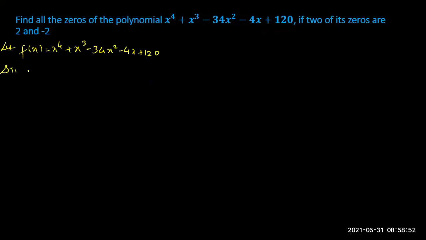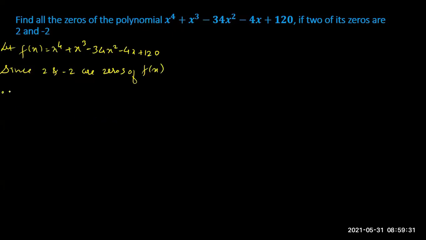Since 2 and minus 2 are zeros of f of x, the factors are x minus 2 and x plus 2. So we get 2 factors here. If we divide the given polynomial by those, we'll get another factor, and from there we can get another 2 zeros, correct?